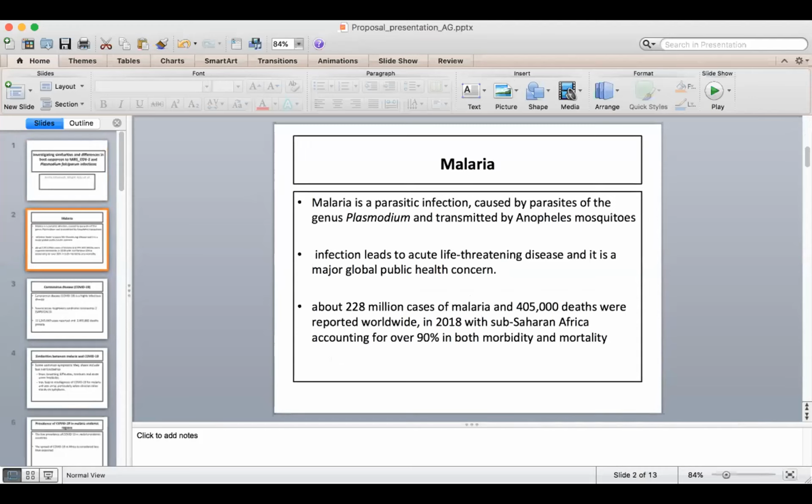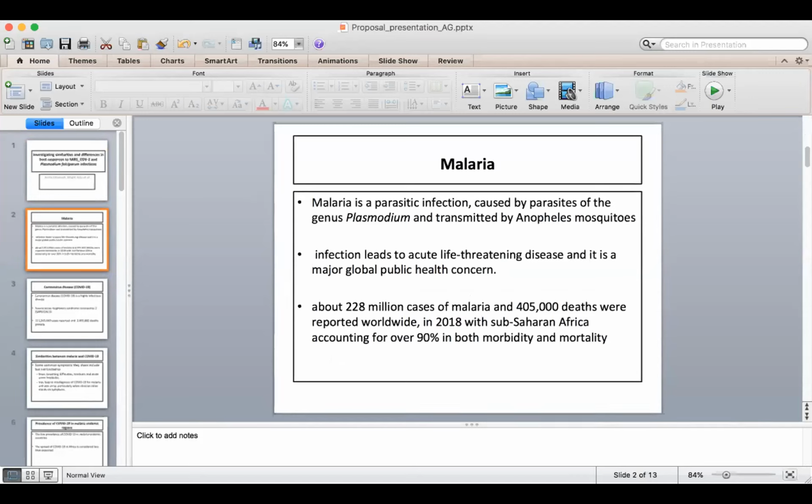A bit about malaria: as Mohit has said, malaria is a parasitic infection caused by parasites of the genus Plasmodium and transmitted by Anopheles mosquitoes. The infection leads to acute and sometimes life-threatening disease. It is a major public health concern, although it hasn't got that much attention.